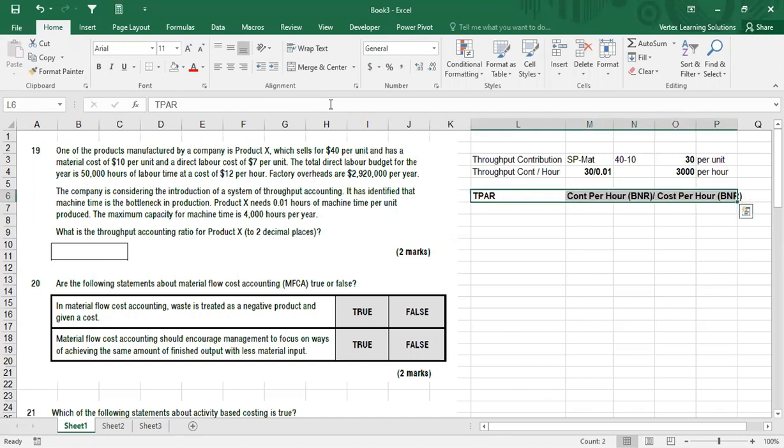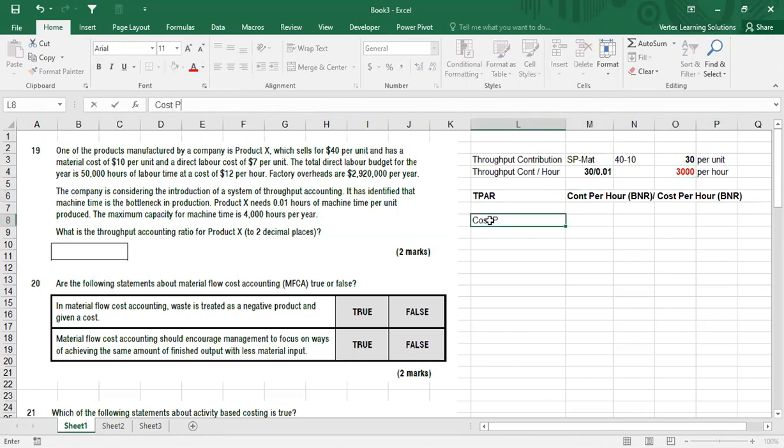The first thing we have calculated is contribution per hour on the bottleneck resource. Now we need to calculate our cost per hour. So how much are your total costs? Let's first calculate our total costs. They told us that factory overheads are 2.92 million.